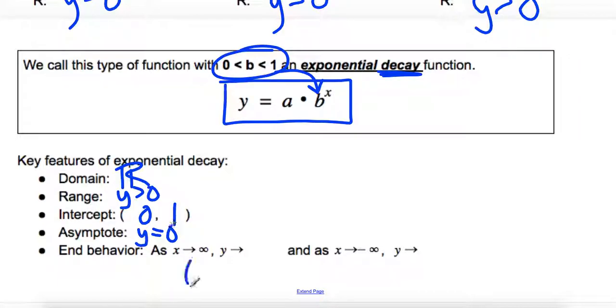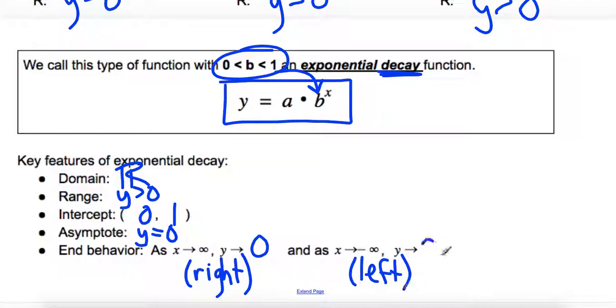And the end behavior. As x approaches infinity, so this is right-hand end behavior, when we went to the right, y was approaching 0. And as we approach negative infinity, this is left, y is approaching infinity. Okay.